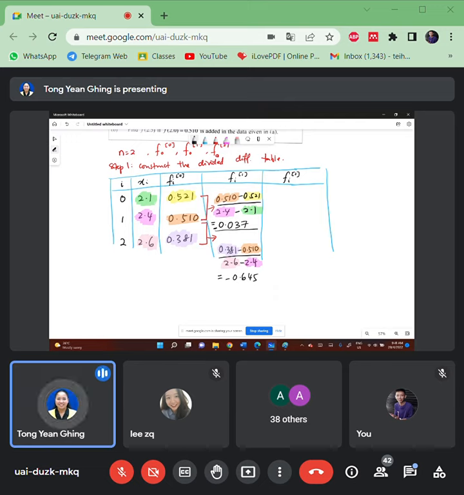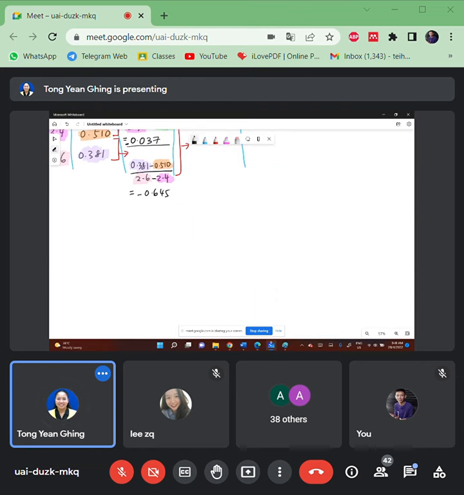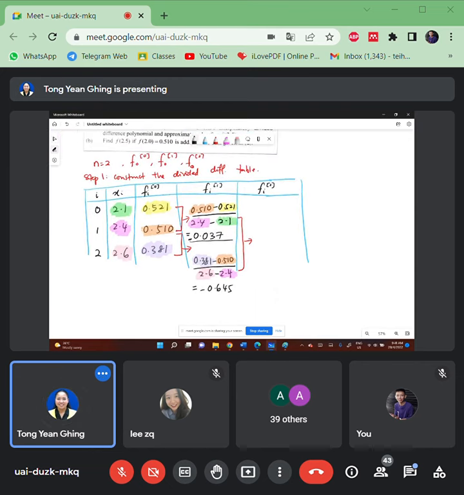Boleh. So now consider these two. Dah. Okay, so now consider these two. That means negative 0.645 minus negative 0.037 divide by, so this one from 2.6 minus 2.1.